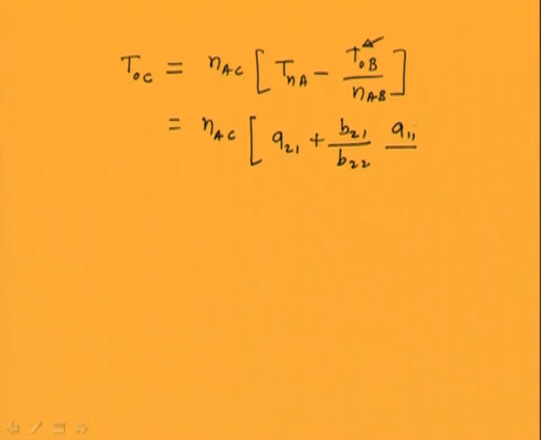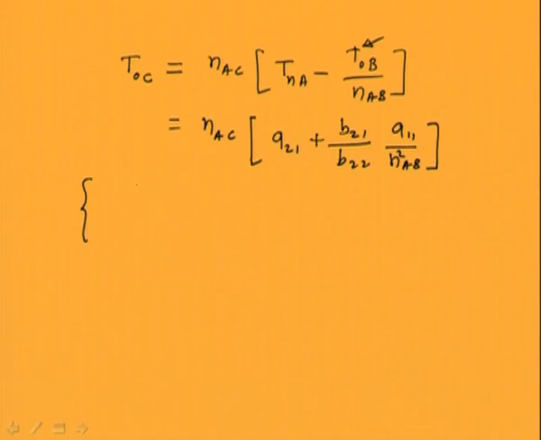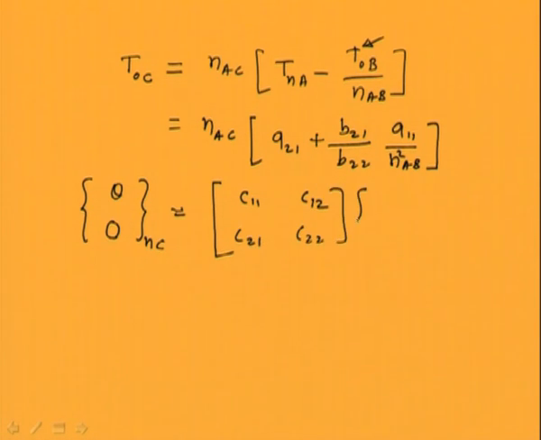So basically here we have eliminated all the torque terms, and now they are in terms of the overall transfer matrix for branch A, B and C. You can see A11, B21, B22, all these are related with the overall transfer matrix of branch A and B, and NAB is the gear ratio between branch A and B. Now we will write the expanded form of the equation for branch C. Here theta is for branch C, because this particular end of the shaft is free, so torque is 0, equal to these elements of the overall transfer matrix for branch C. Then theta naught C is there, which we have obtained like this.